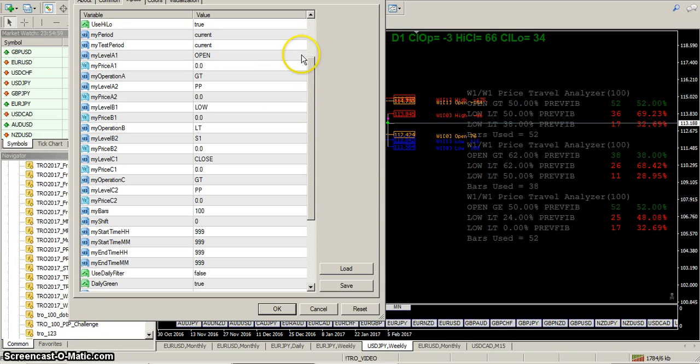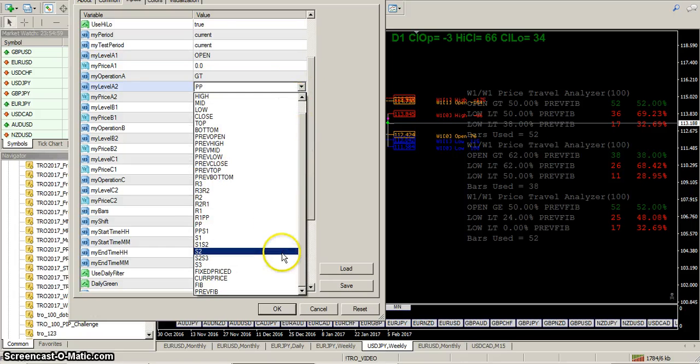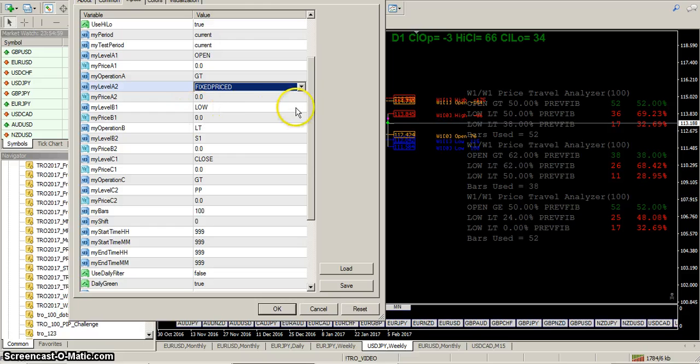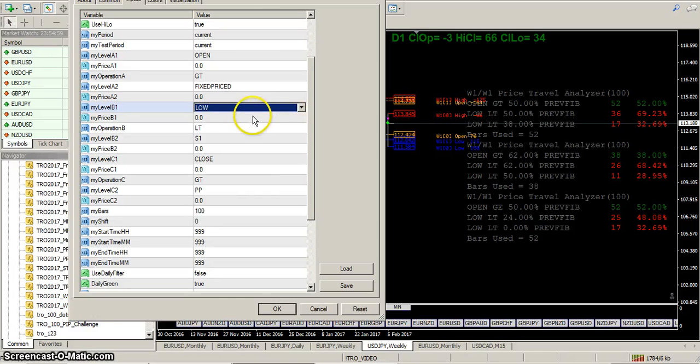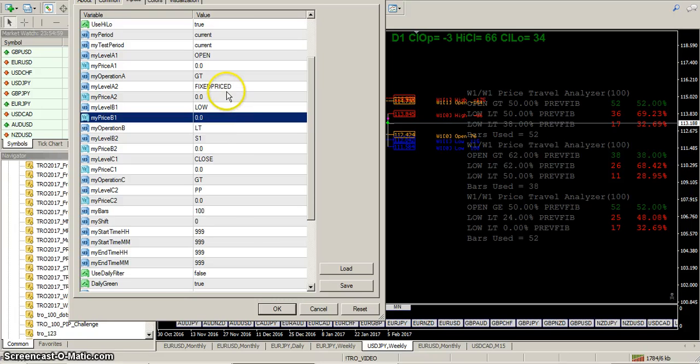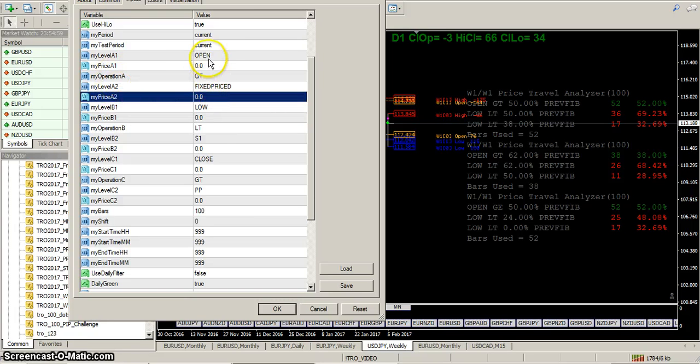And we want to use, let's say, open greater than the fixed price of 113. And so that's what this input is. No, I'm sorry, this one right here. So we go open greater a fixed price of 113.